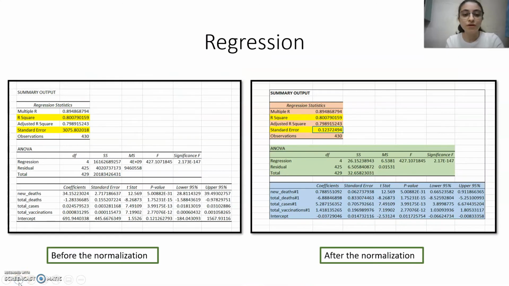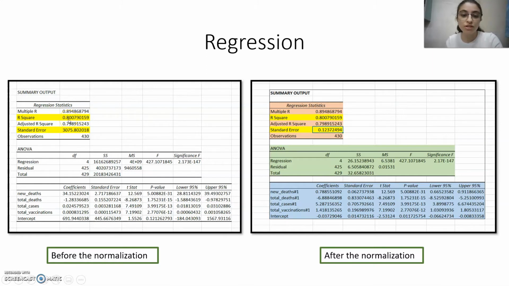Then I performed the regression analysis in order to understand if we can use this data to make predictions and analyze it. In the regression analysis, which was performed on the dataset before the normalization, we can see that the R square is 80%.